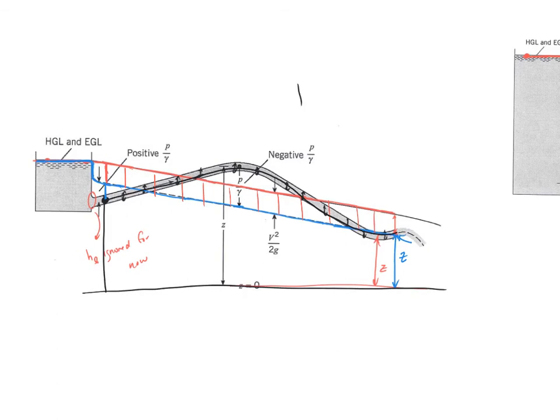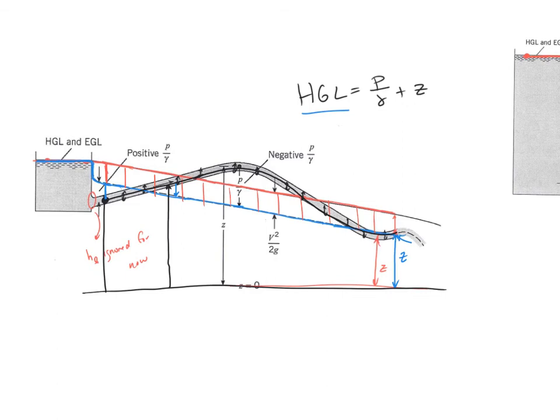Remember that the HGL equals P on gamma plus Z. So that's that blue line. So for example, right here, here's Z. Now, if we have to add P on gamma to Z to get to the HGL, we're adding a negative.